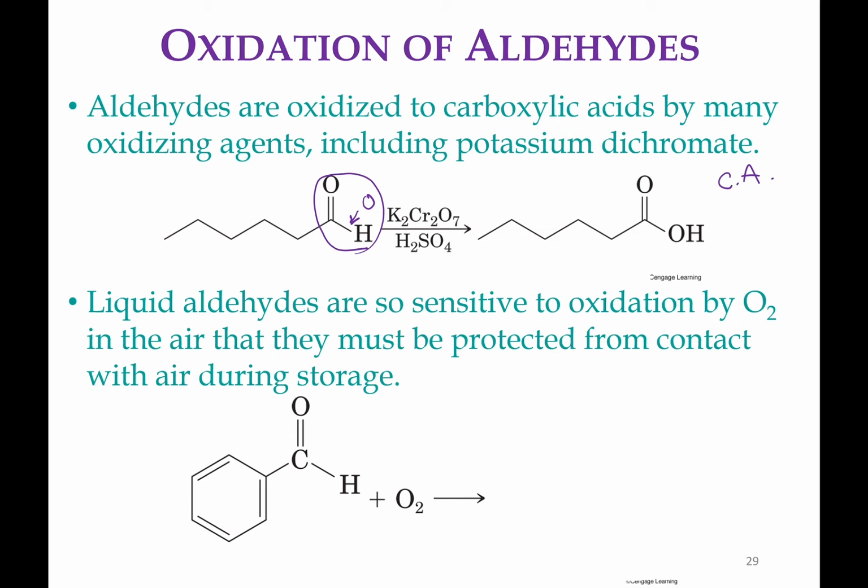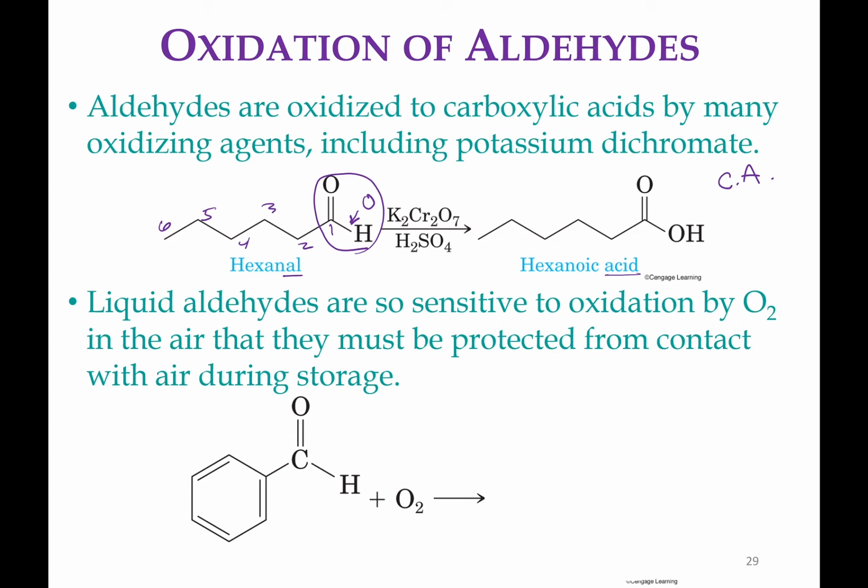Now, liquid aldehydes are super sensitive. Oh, sorry, I was going to name these for you. Hexanal, because 1, 2, 3, 4, 5, 6. This will become hexanoic acid. We'll get to that in the next chapter. So hexanoic acid, because it's a carboxylic acid. Now, liquid aldehydes are super sensitive.